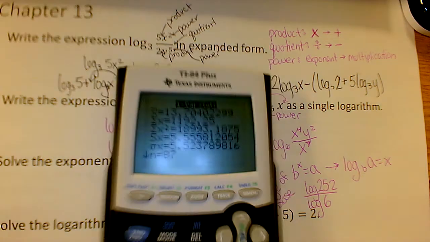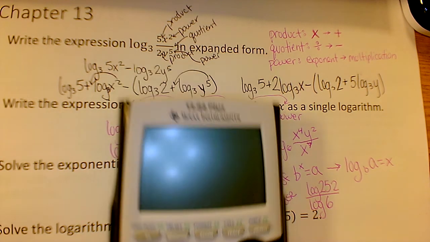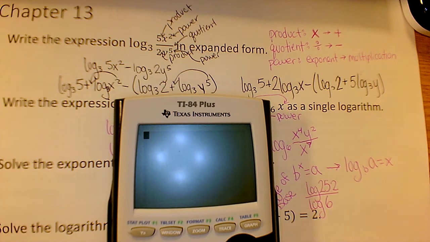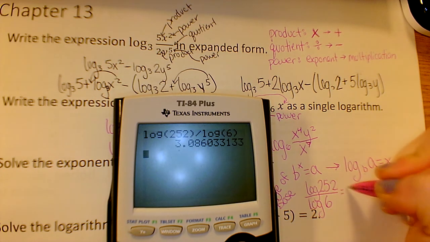Now, hopefully we can see this. Please follow along on your calculator so you make sure you know how to do what it is we're doing. So I'm going to type this in. The log button is right next to the 7. Hitting that. I'm doing 252, closing my parentheses, divided by log again, but this time of 6, and I get just a number.